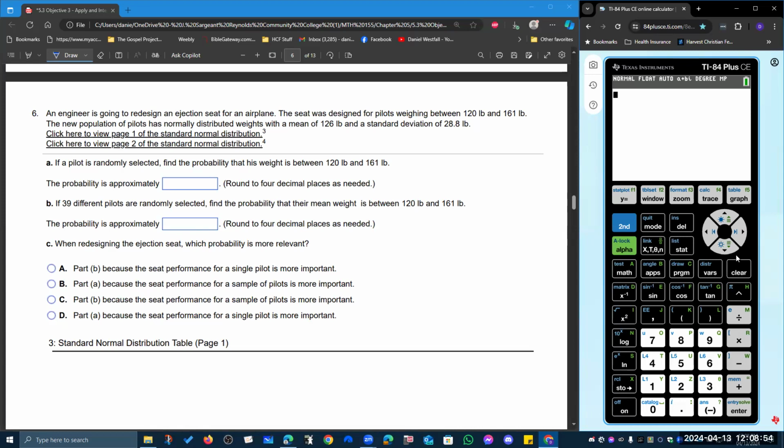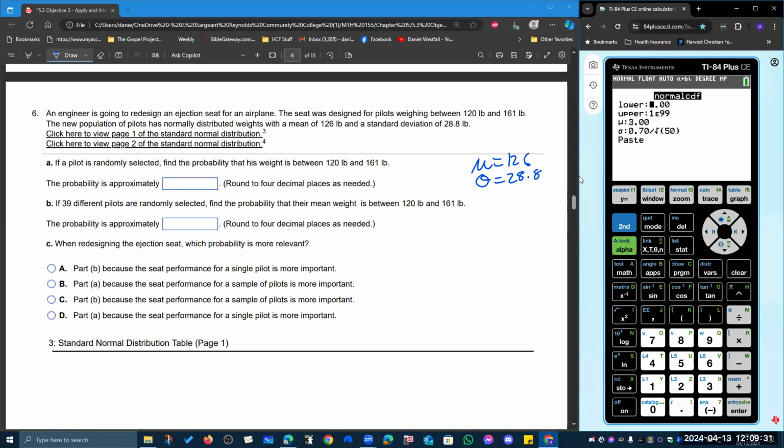So if a pilot is randomly selected, find the probability that he's going to weigh between 120 and 161 pounds, given that the seat was designed for 120 to 161 pound pilots. So that's where we're getting these numbers from. But the new mean is 126, and the new standard deviation is 28.8.